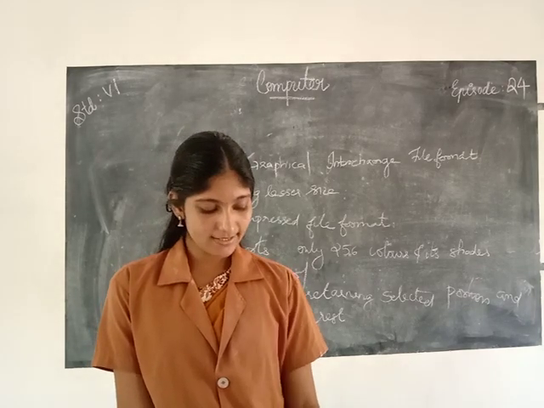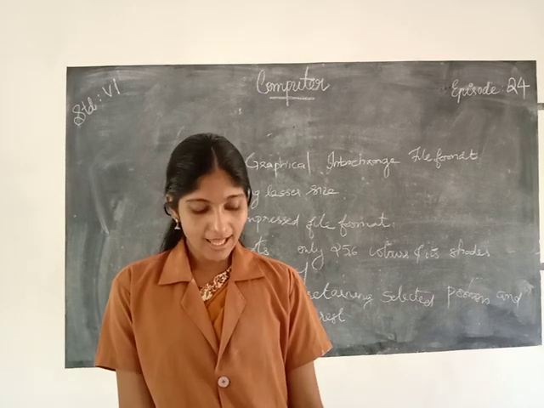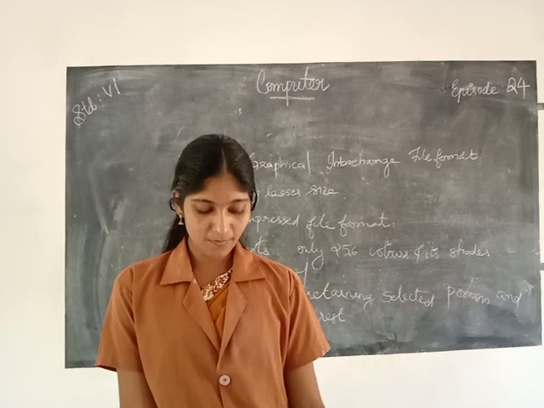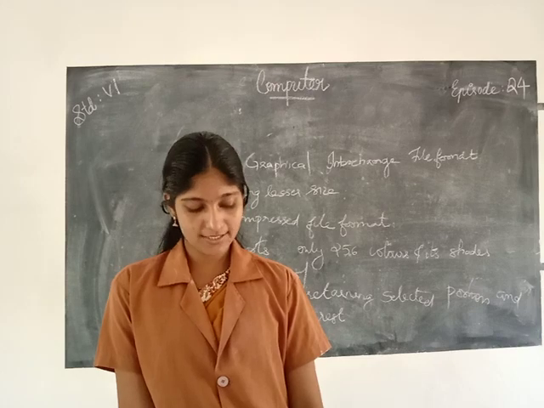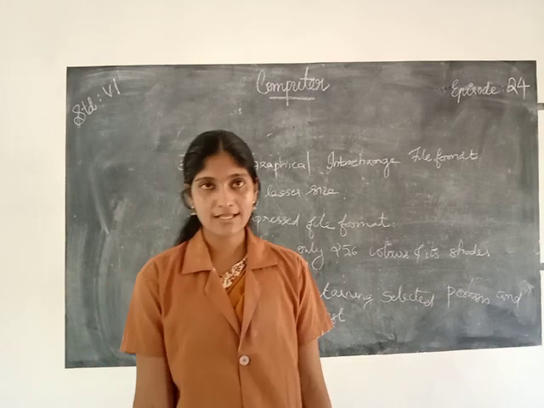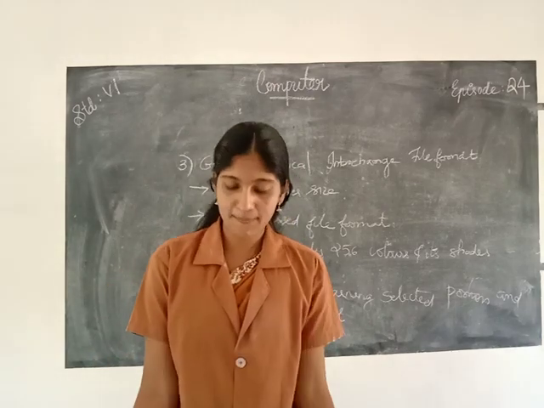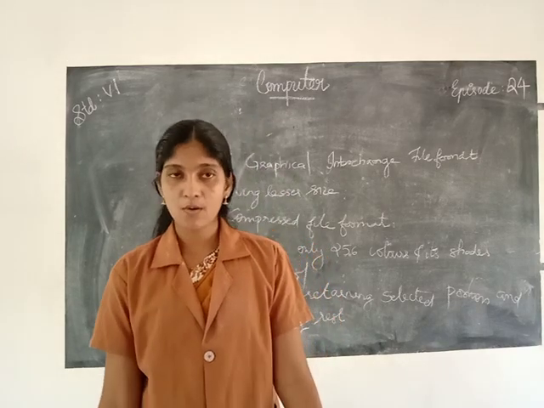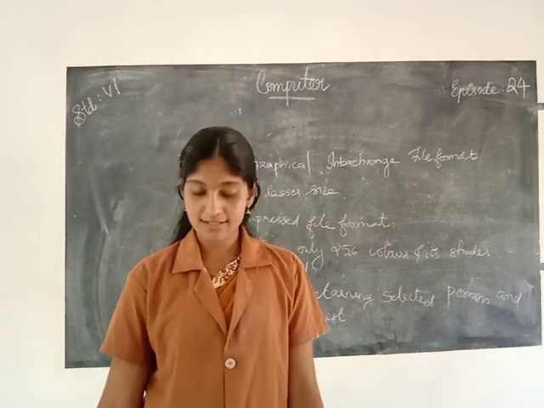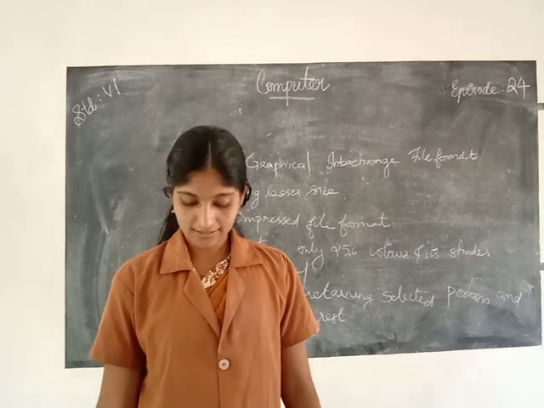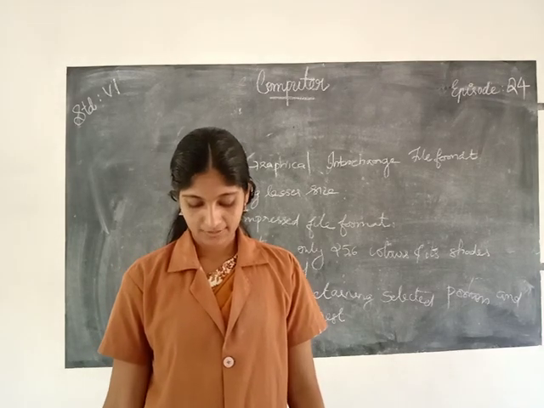Then next, what is the resolution? How is it measured for the monitor, display and for a printer? Resolution is the density of pixels in an image. The more pixels an image contains, the more detailed and clear the picture.